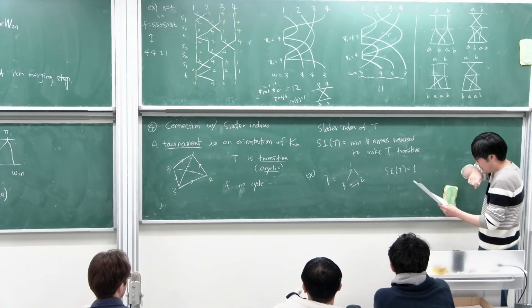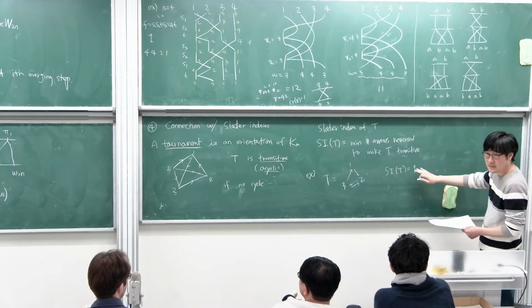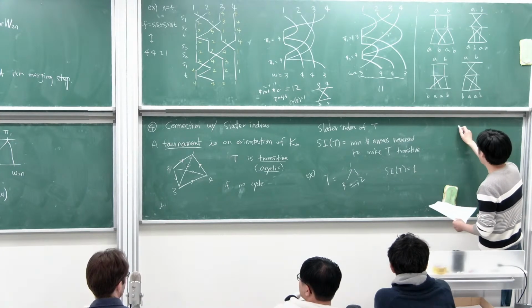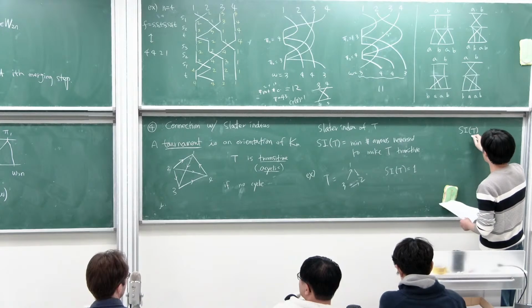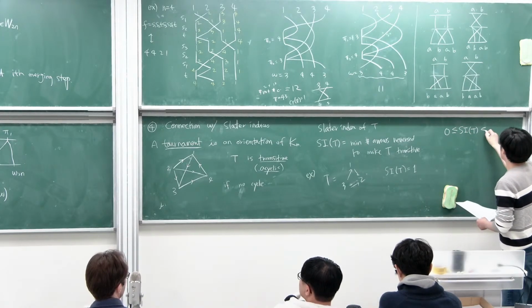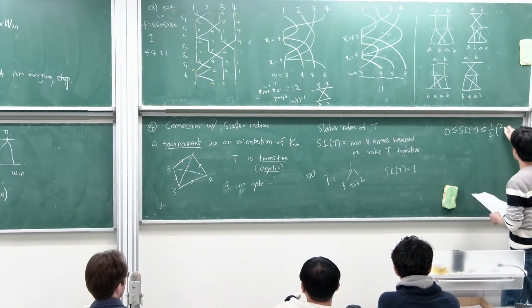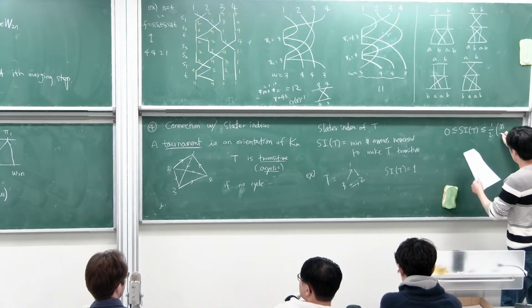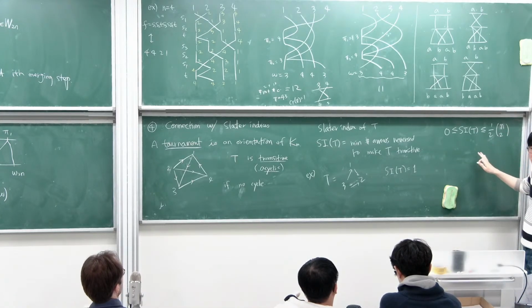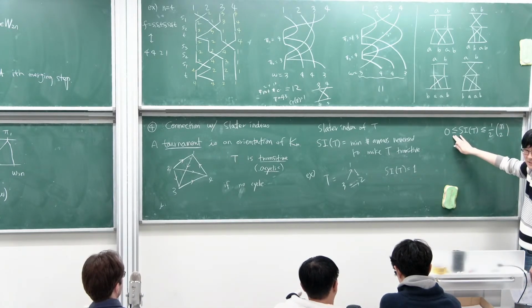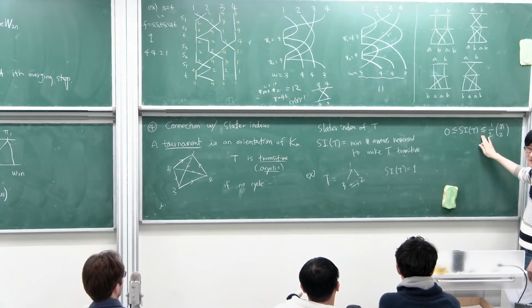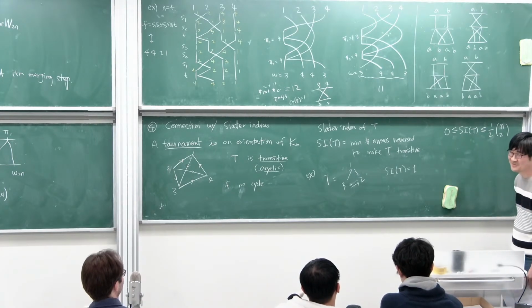And this is actually quite a well-studied object. By the way, the Slater index of T, if there are n vertices, this is quite easy to prove. This is also easy, more difficult than this.